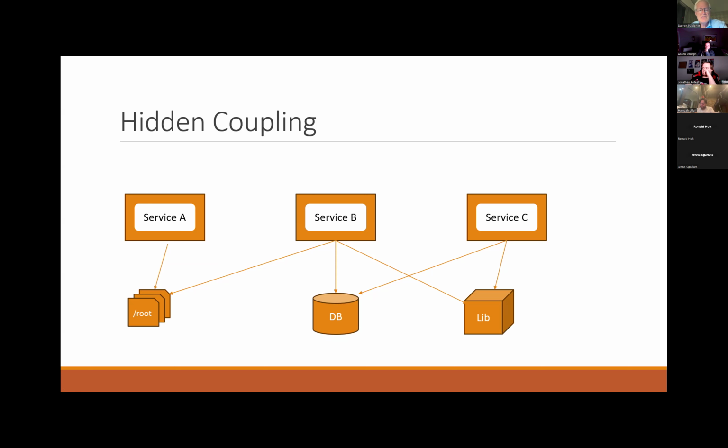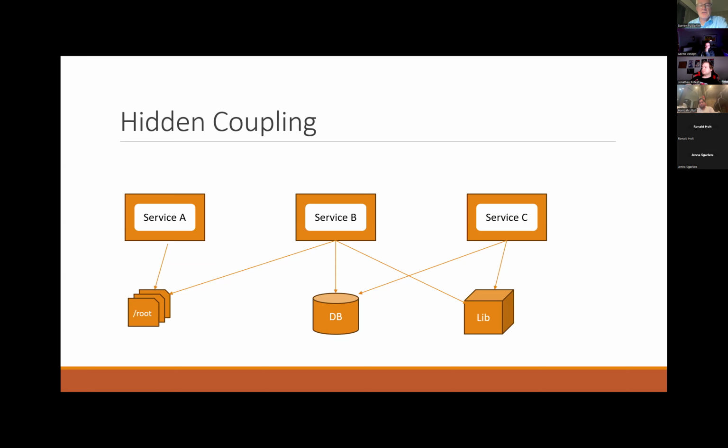I have an invisible coupling that is going to be hard to find later on. Right? Same thing with the database. If I have service B and service C that are accessing the same database, the same tables in a database, any change I make to C could have a negative effect on B. So I need to be careful of that.